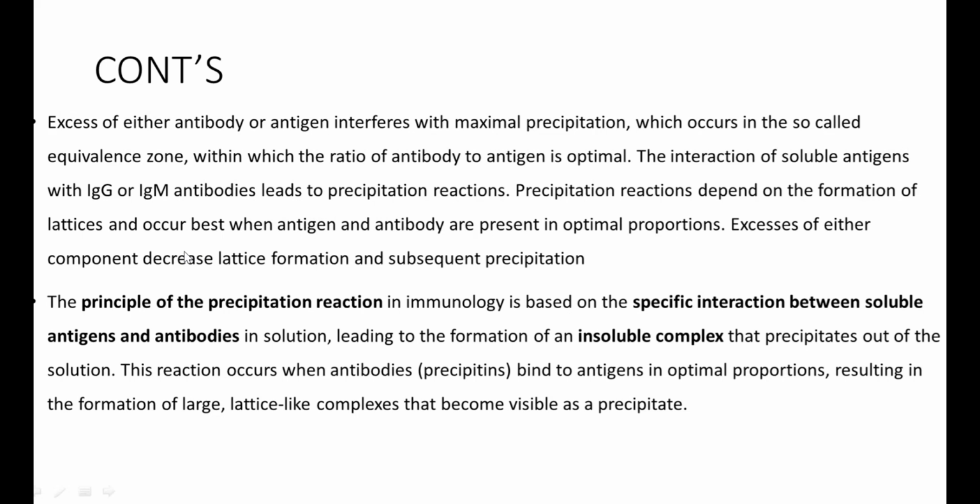That is what we call the precipitation reaction. It can take place in the solution, in the equivalence zone. When there is high antigen or higher antibody, the precipitation reaction cannot take place.